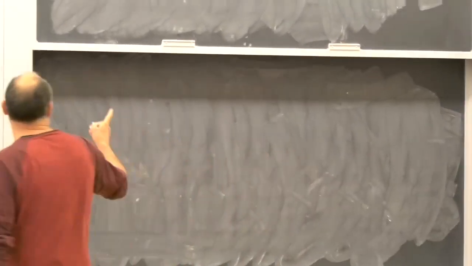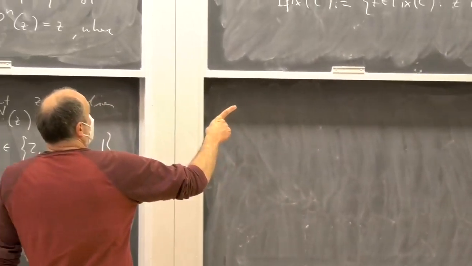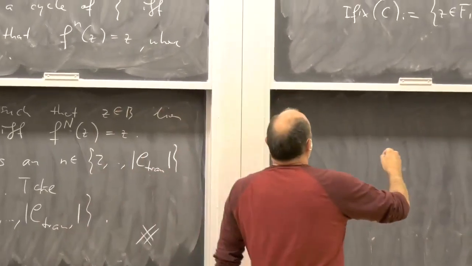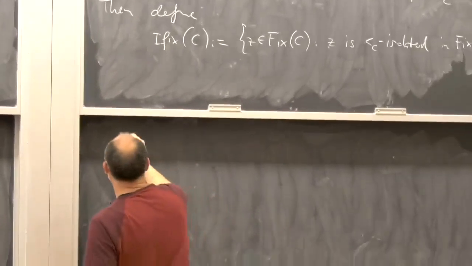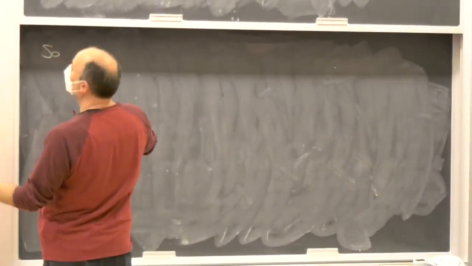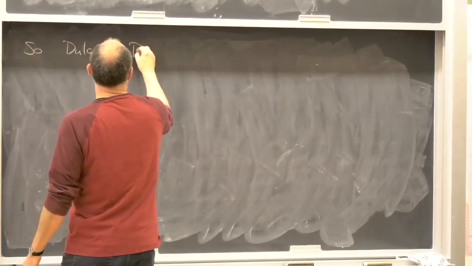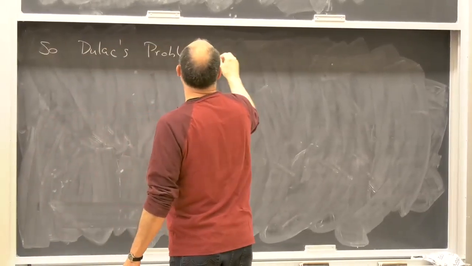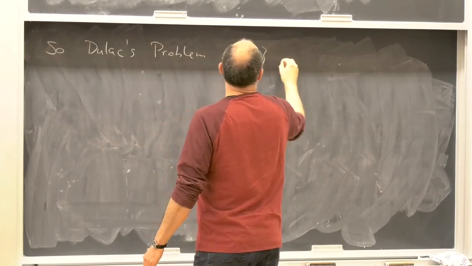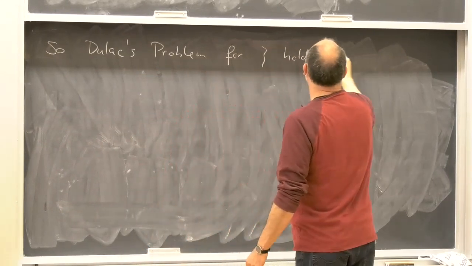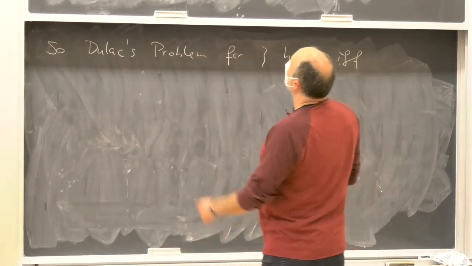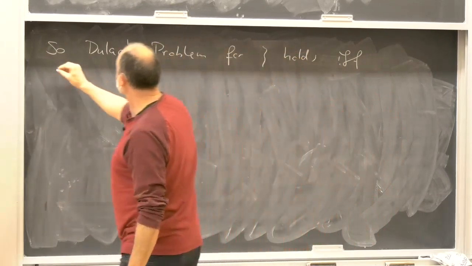Okay. So in other words, now we can say that Dulac's problem for Xi holds if and only if each of these sets is finite.